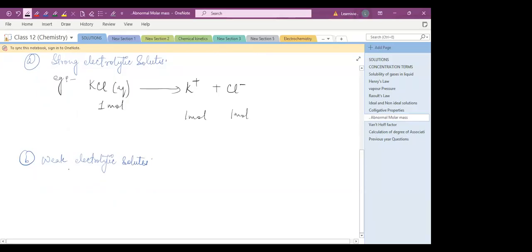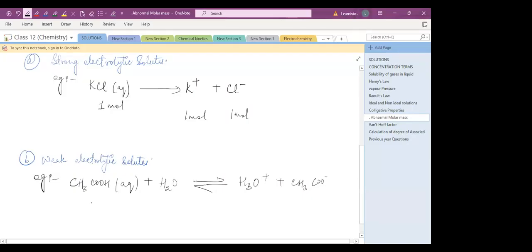Now see, if we take a weak electrolytic solute, for example CH3COOH, ethanoic acid, when you add water to it, it will dissociate to form hydronium ion plus CH3COO minus ion in aqueous phase.